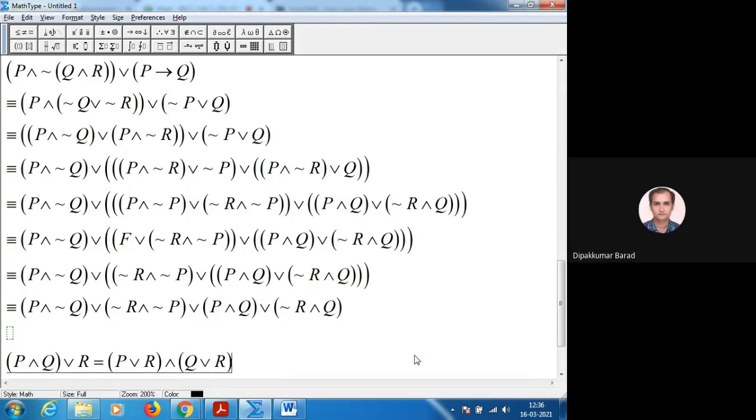Is it clear? Like if I distribute P or not P, and then not R or not P, I get it this way. In this way also you can distribute. Is it clear? Yes, sir.